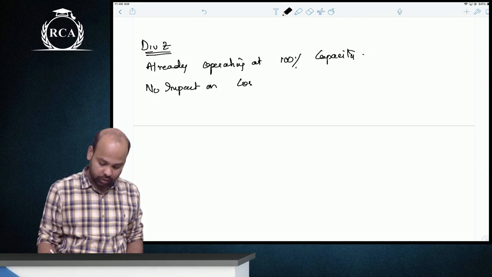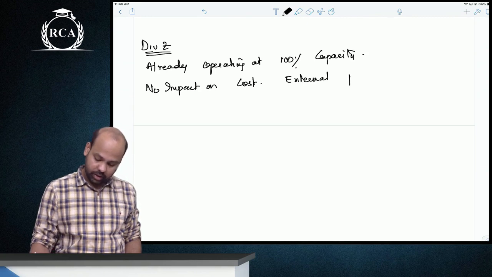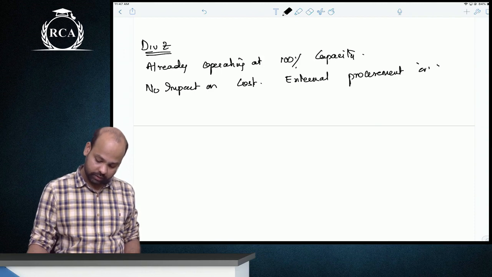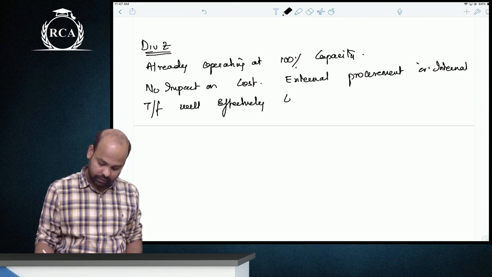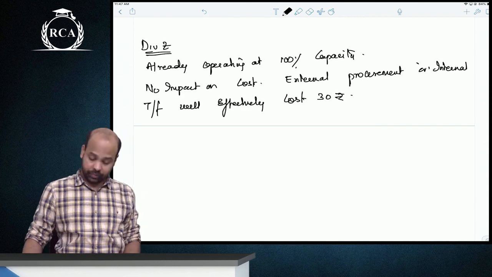Why no impact on cost, sir? External procurement or internal transfers will effectively cost 30 rupees. Are we clear? Yes, sir.